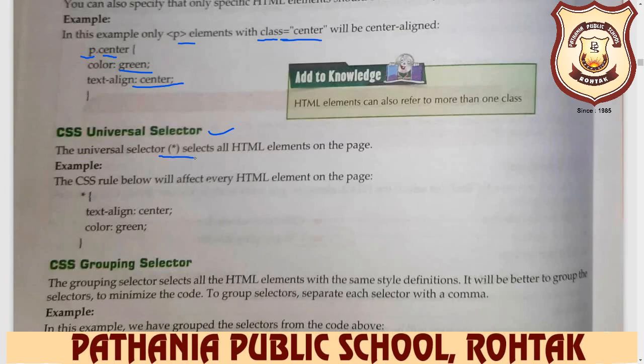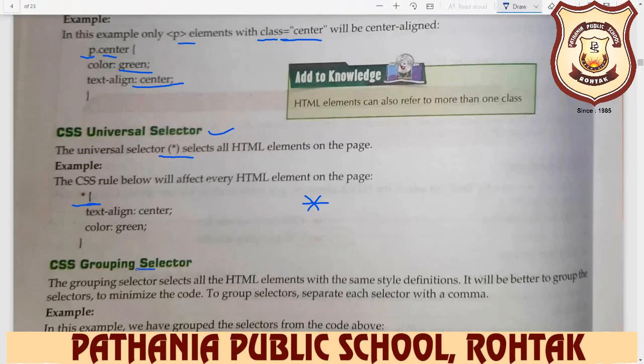Here all the elements of the HTML page will be formatted. The CSS rule below will affect every HTML element on the page. You put only the asterisk sign, and then you simply define curly braces, then the property, then colon, value, and then the terminator.